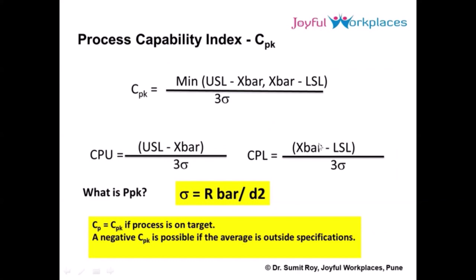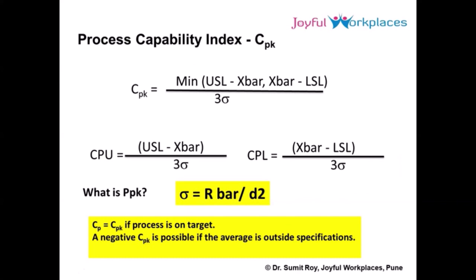Then average minus LSL divided by 3 sigma, whatever value you get, we call it CPL. Whichever is the minimum of these, we call it CPK. So, clear? CP does not have any reference to the average. CPK has a reference to the average. Otherwise, the sigma is the same. USL and LSL are, of course, given by the designer.